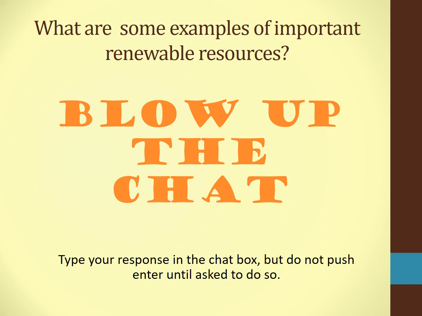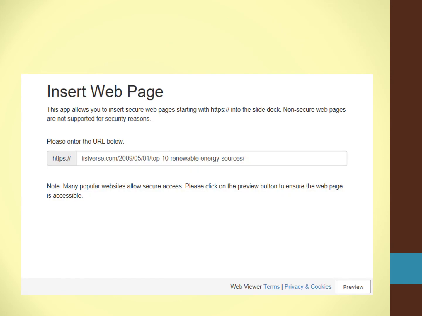So what are some of those renewable resources? We heard some of those examples there in the video that you just watched. So if you were live in class, we would pop it up in the chat, but since you're watching the video, just grab your science notebook and jot down some of those resources that you can remember. Awesome.